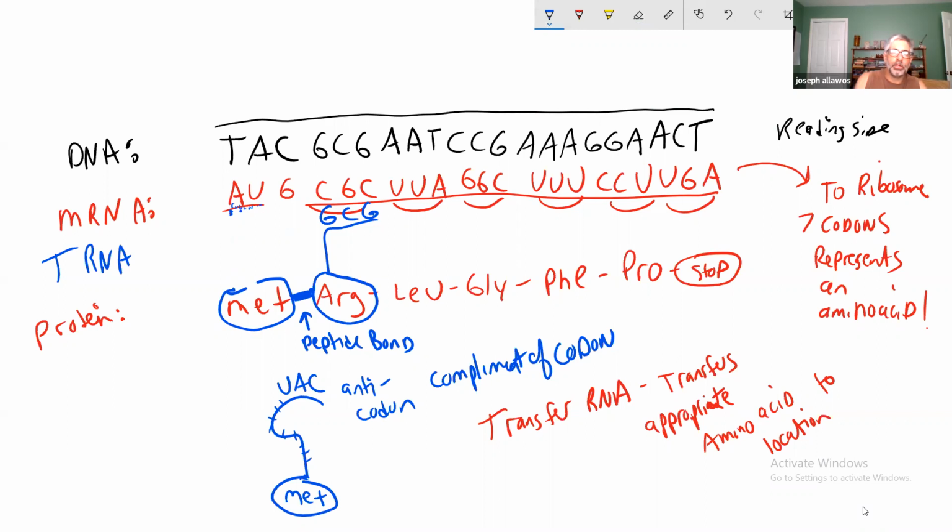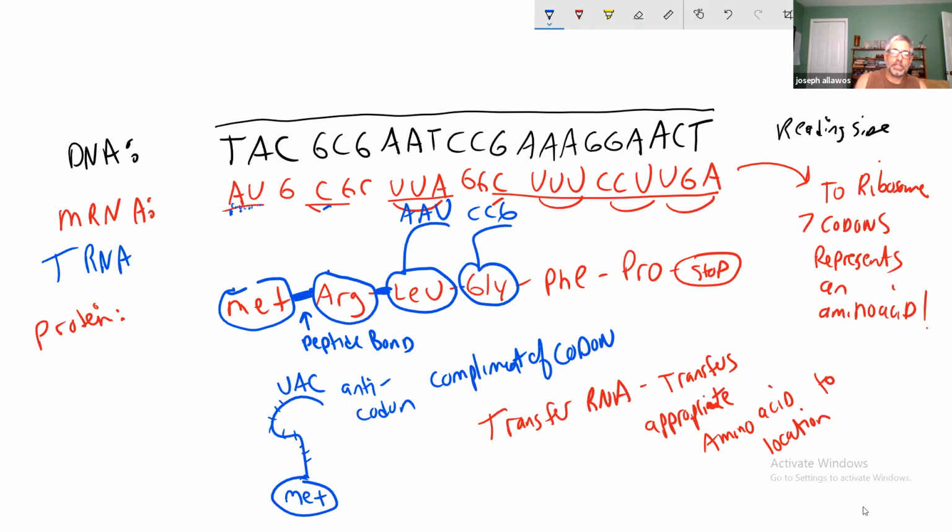Next we have UUA, so that would be AAU. It's carrying leucine, a peptide bond forms, and then this transfer RNA leaves. Where is it going? It's going to go pick up another leucine, right? And come back to do its job. Same thing happens here. We have CCG.